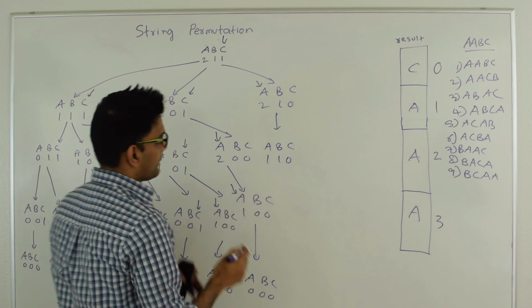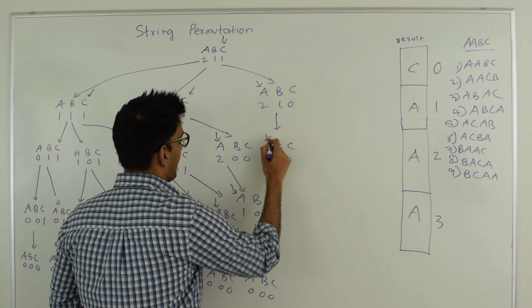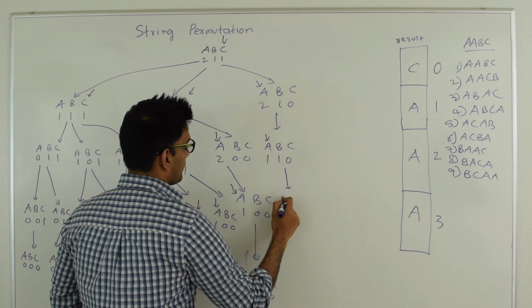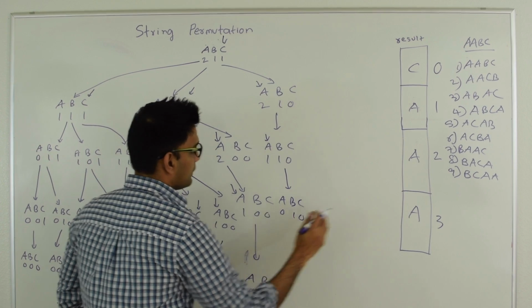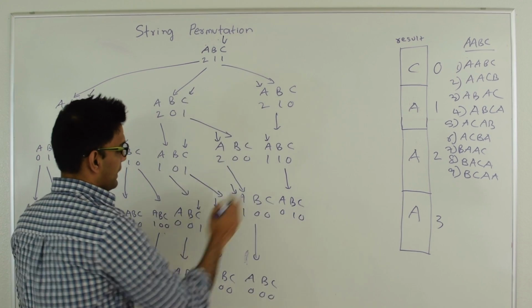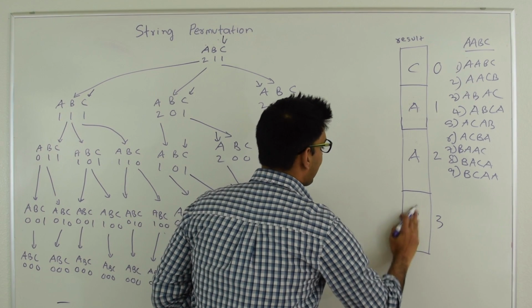And now we again look for the first available character from the left, so that again will be A. So again it will be A, B, C, 0, 1, 0. So this value is again A. And then we go back here and look for the first available character, so that's B.